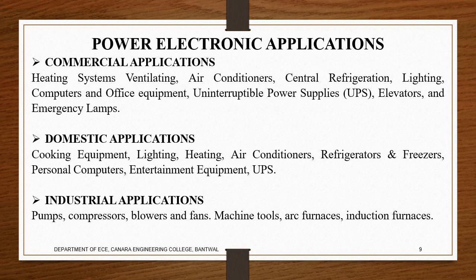Next, we discuss the power electronics applications. We have classified them into some categories, where we listed some of the applications. The first one is the commercial application: heating systems, ventilating, air conditioner, central refrigeration, lighting, computers and office equipment, uninterruptible power supplies, that's a UPS, elevators, and emergency lamps.